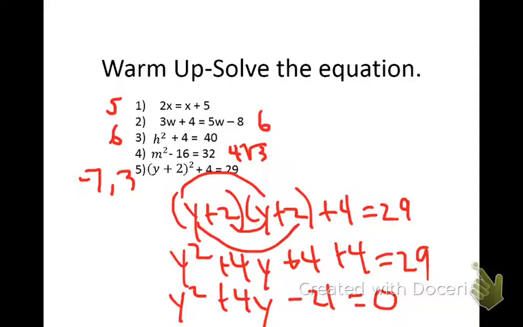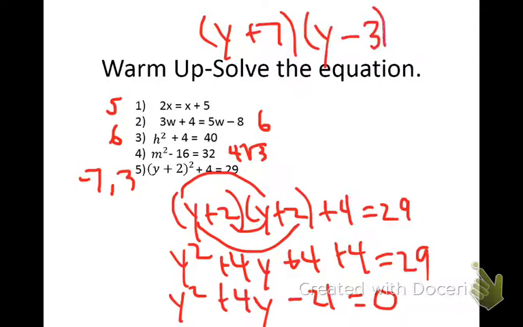So 3 and 7, their difference is 4, so it would be y plus 7 times y minus 3 equals 0. Solve for y: y equals -7 or +3. Those are the answers. Questions? Okay, good.